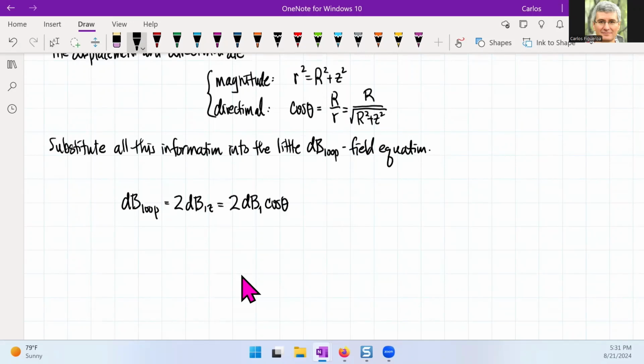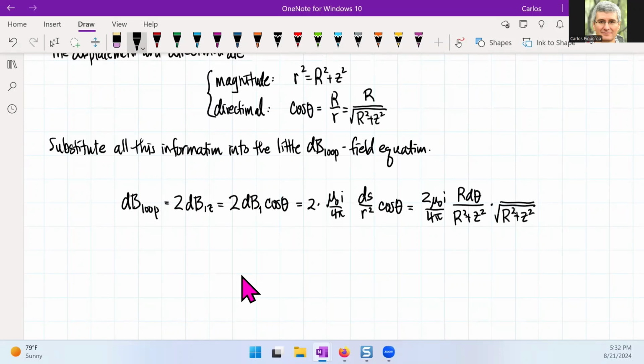Then I start writing out more of the details. I'm going to get 2 times mu naught I over 4 pi, and then I have ds over r squared cosine of theta. If I keep putting in these terms, the ds over r squared term reads r d theta over r squared plus z squared, times the square root of r squared plus z squared, divided into r.